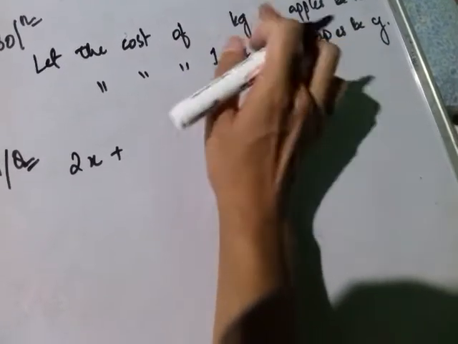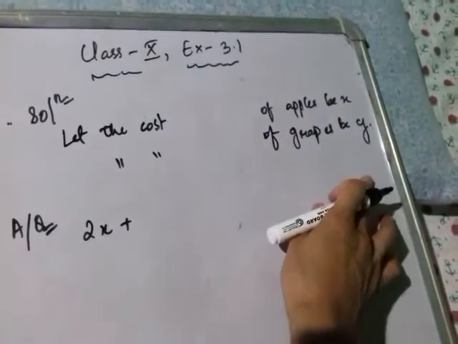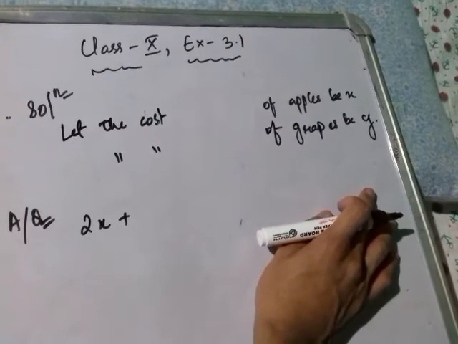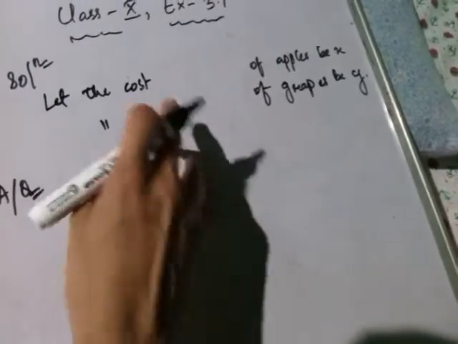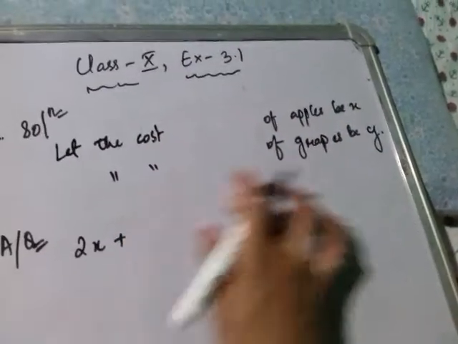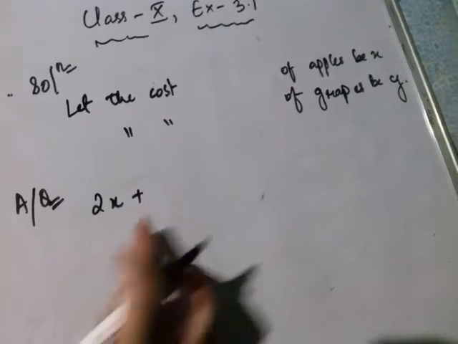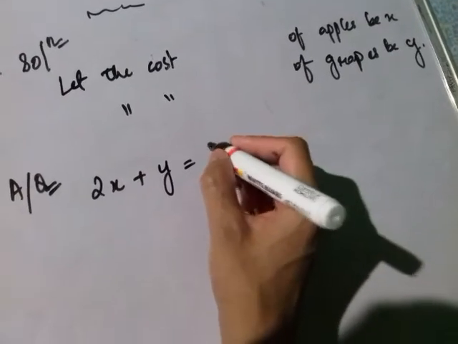You will write only the cost of apples as x and the cost of grapes as y, because you see there are different numbers, one is 2 kg, one is 4 kg. So after that 2x, then 1 kg of grapes, that means y equals how much?